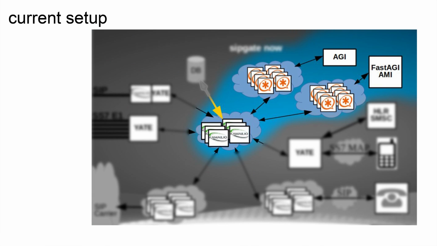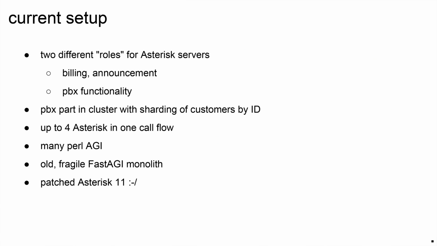We have the Kamailio, the Asterisks, and some scripts behind. Overall we have 2 bunches of Asterisk, one connected to a lot of AGI scripts running on the local machine, and the other connected to FastAGI and AMI services. So we have these 2 different roles of Asterisk servers.